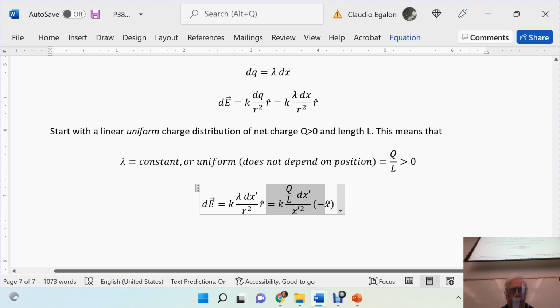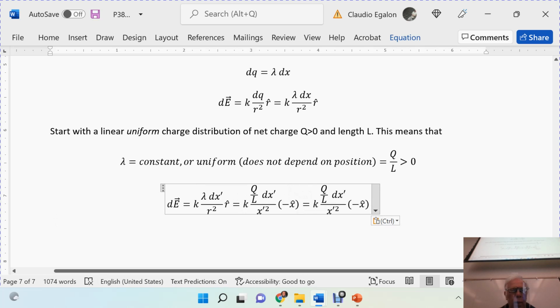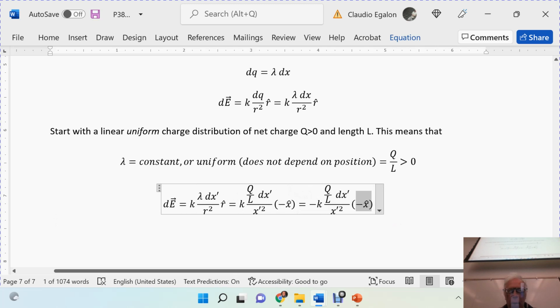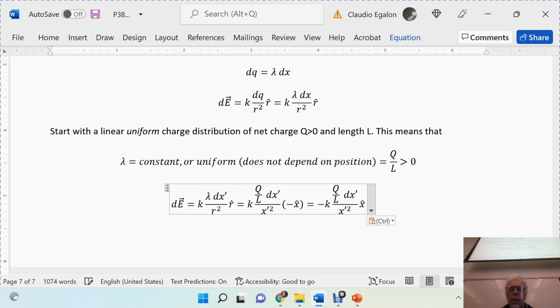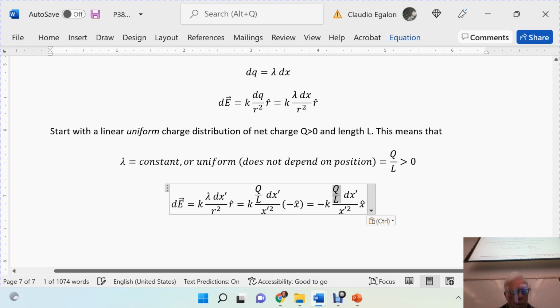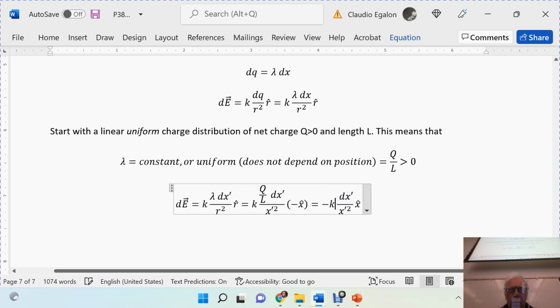Let's see what we have to do. I'm gonna simplify, right? And I'll put the negative here, and now I'm gonna make it look even nicer.